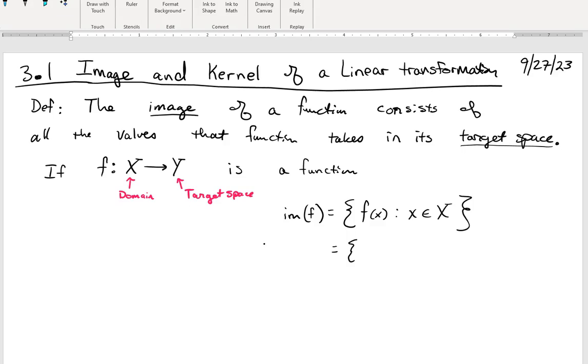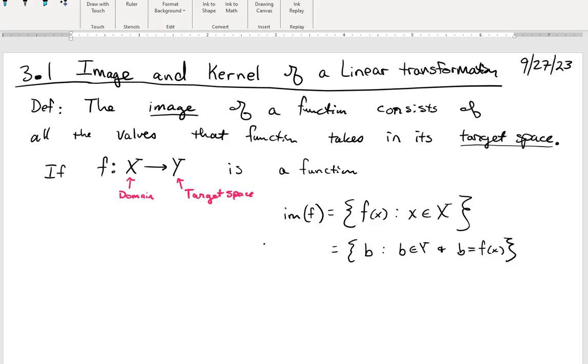We could write it as the set of all B, such that B is an element of Y and B equals f of x for some x. All that is fancy speak for it's the outputs of the function. Image is the outputs of the function and only the outputs of the function.